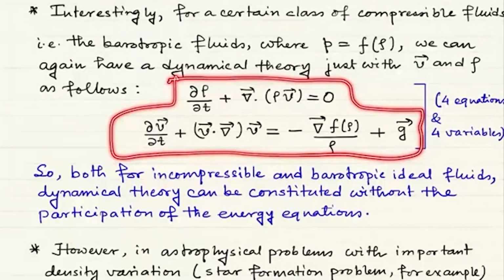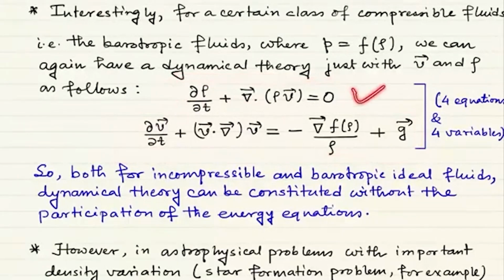Rho is now a variable and unknown, and three components of velocity, and we have four equations. So again this continuity equation and the momentum evolution equation, they constitute a dynamical theory, but now the state needs two things, rho and v vector.